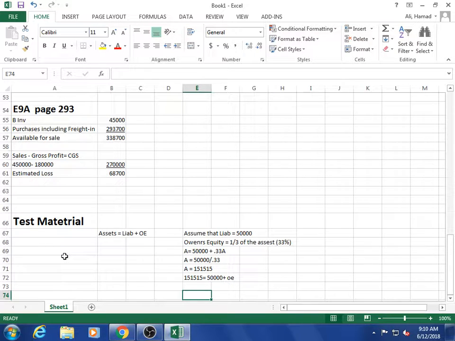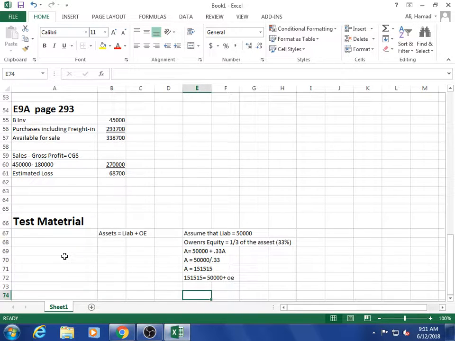Going down the line, the next question: indicate whether each account below has a normal debit or a normal credit. All assets have a normal balance of debit. Liabilities, credit.